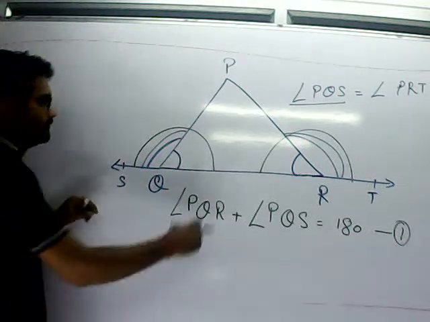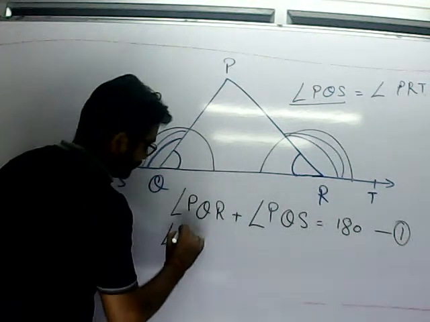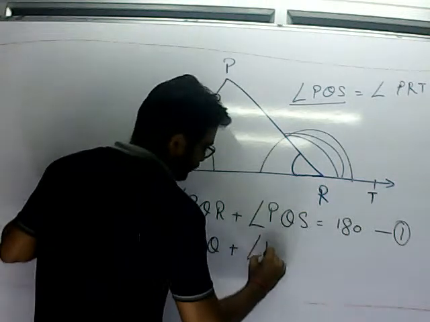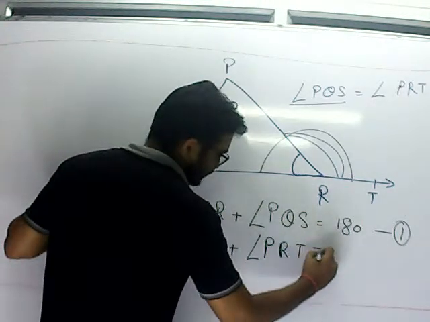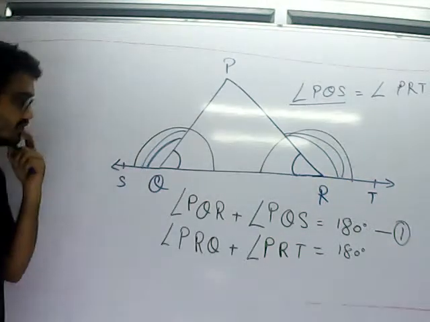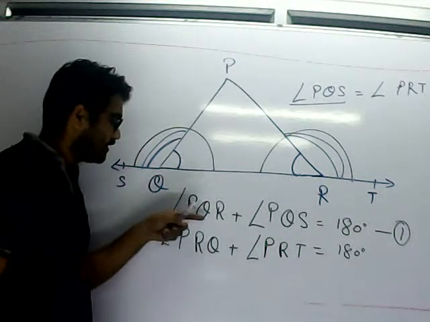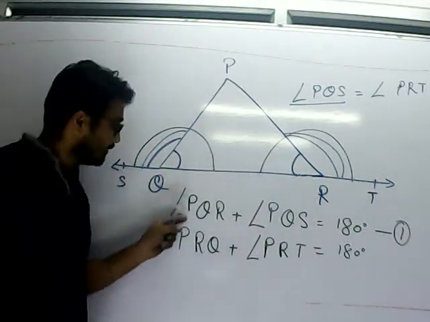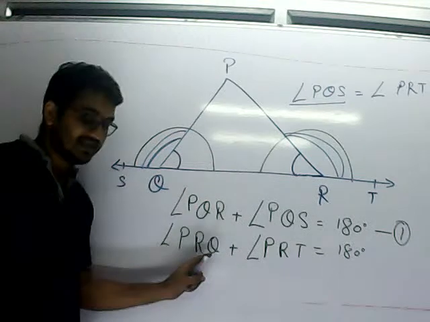Second statement is angle PRQ plus angle PRT is equal to 180 degrees. Okay. Now, what is given? Given is that PQR is equal to PRQ.